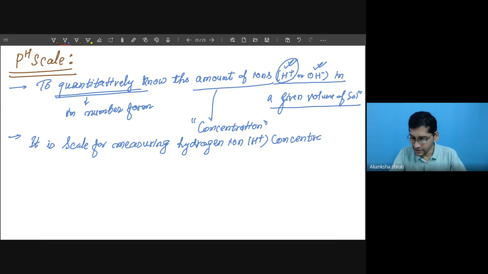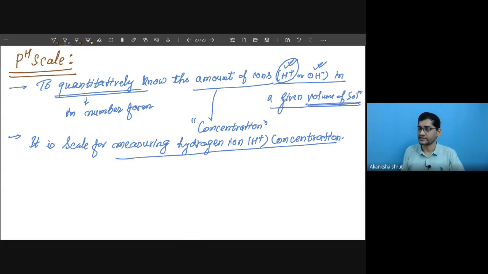If I am using the term concentration, it automatically fixes the volume, means in a given volume we have to think. So student, it is the scale for measuring the hydrogen ion concentration. The definition is like this.